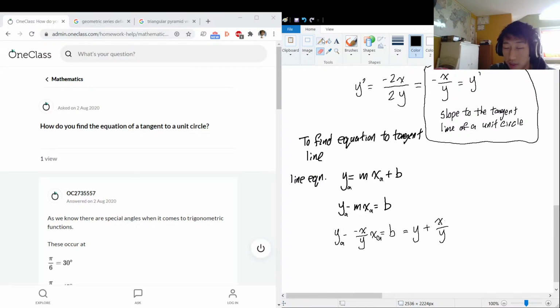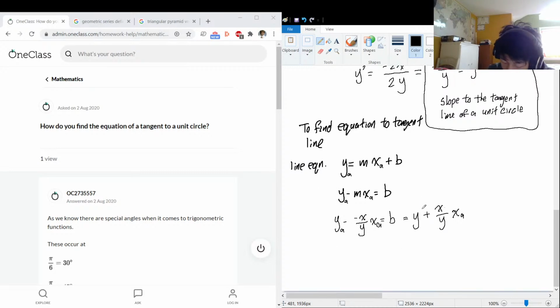My bad, so I'm going to erase this x. Or never mind, what am I doing? I'm tripping. Yeah, we do need to keep them separate because the x and the y on the line are not always going to be the x and y of the circle. So this is going to be x a. Okay, so this is our b equation.